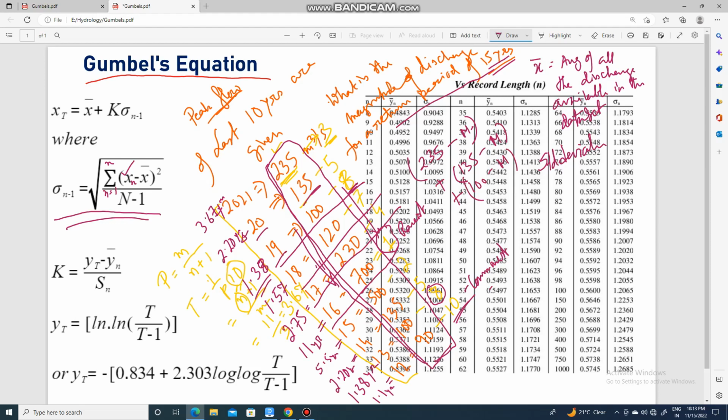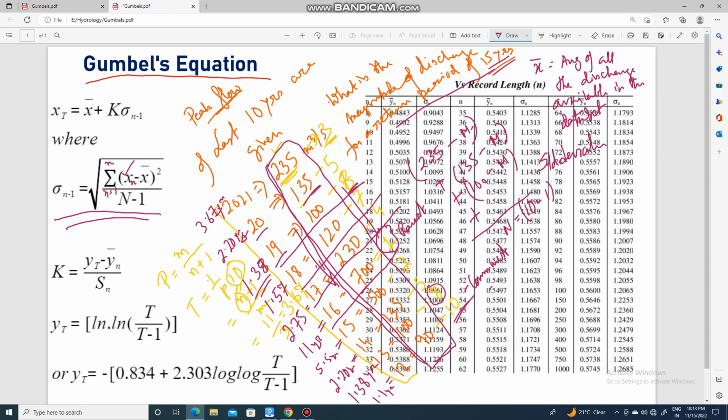In this way we have to add each of the values after deducting the mean from those values, and ultimately we have to divide that summation by n minus 1, where n is the total number of data in the data set. In this case it is 10 minus 1, so we have to divide it by 9.